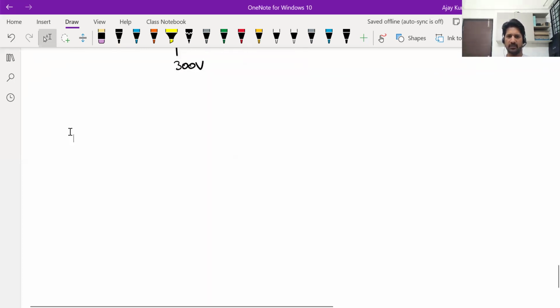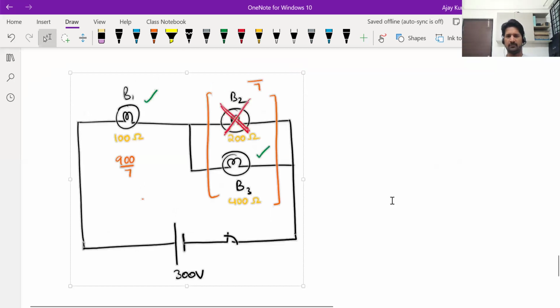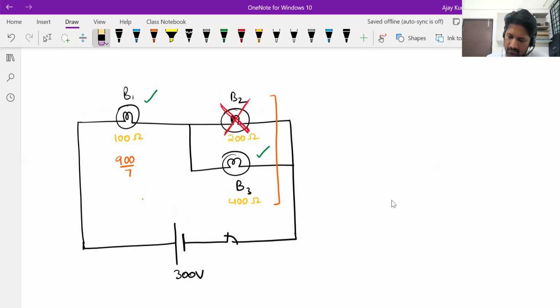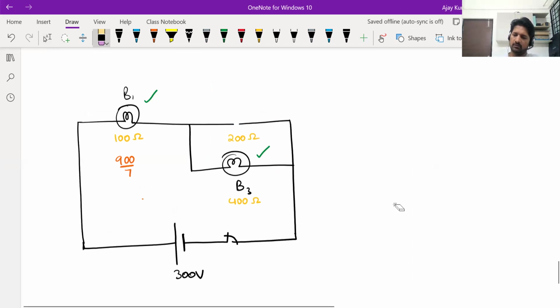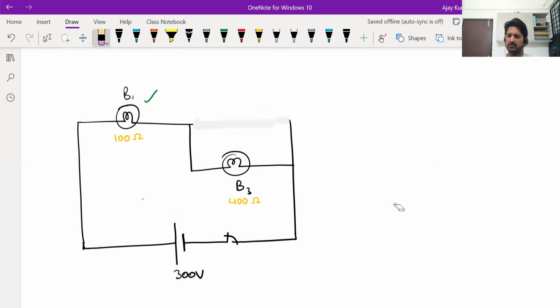So we are sure that B2 will get fused right after we close the switch. What happens next is what we need to find out. Now B2 is not part of the network at all, so you can remove this wire altogether. The 200 ohm is no longer present.